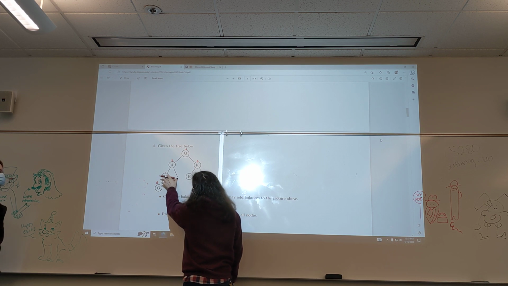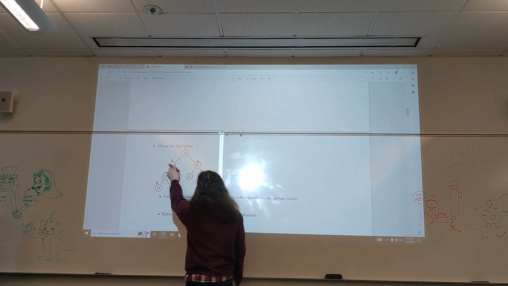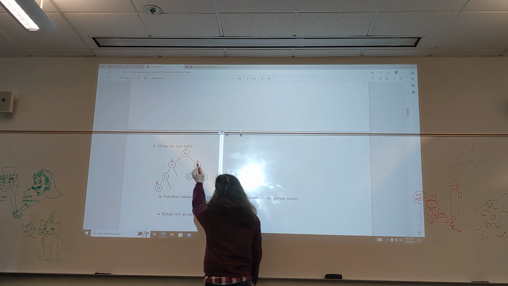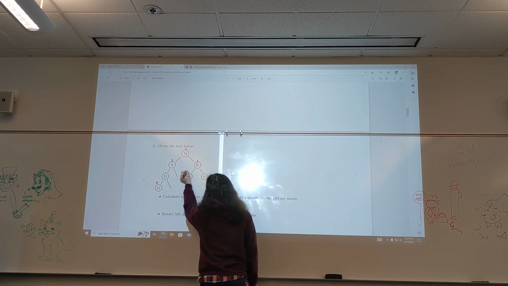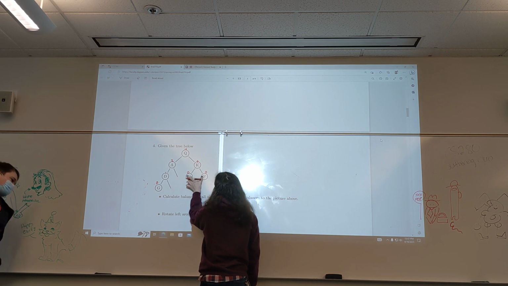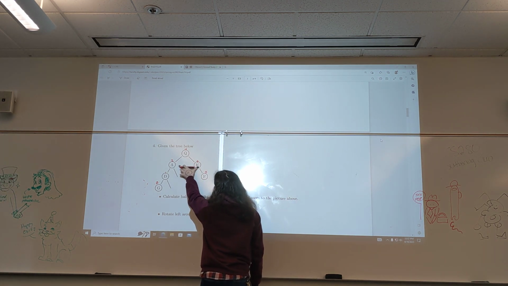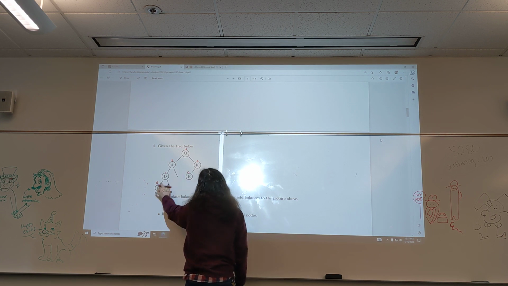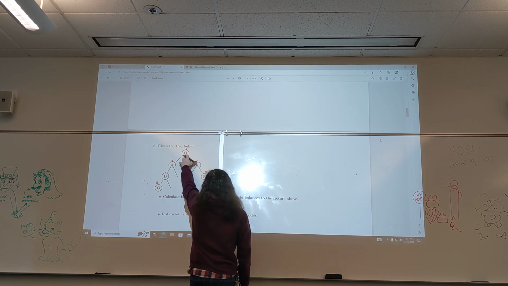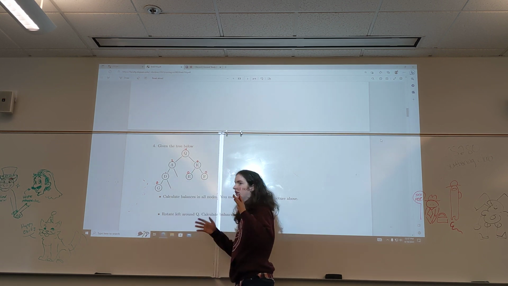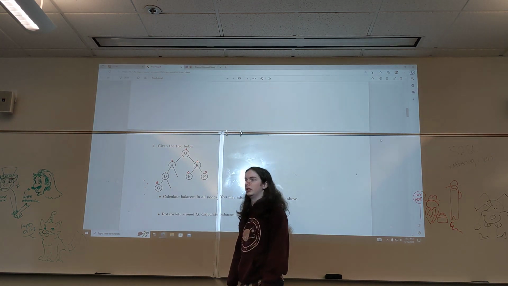The difference between these is, this one is 1, this one's -1, so the difference is 2. Each of these has a balance of 0 because no children, so they're equal, so the difference is 0. The difference between the heights of these is 1, or -1, depending on your convention of which side you consider heavier, being negative or positive.